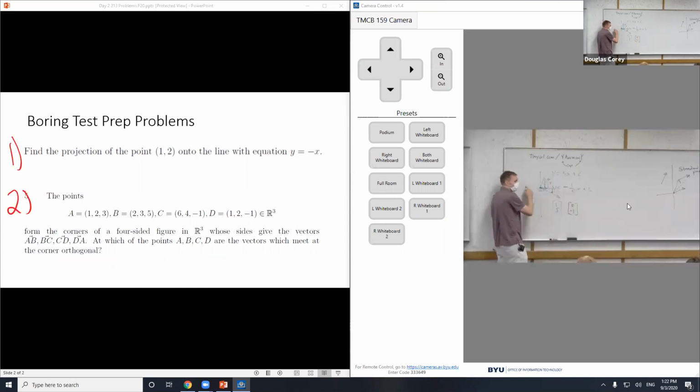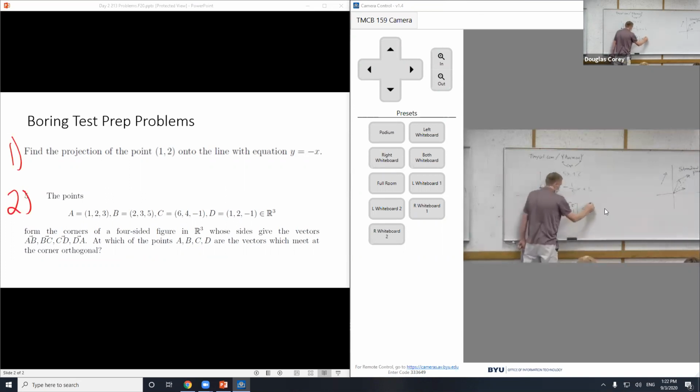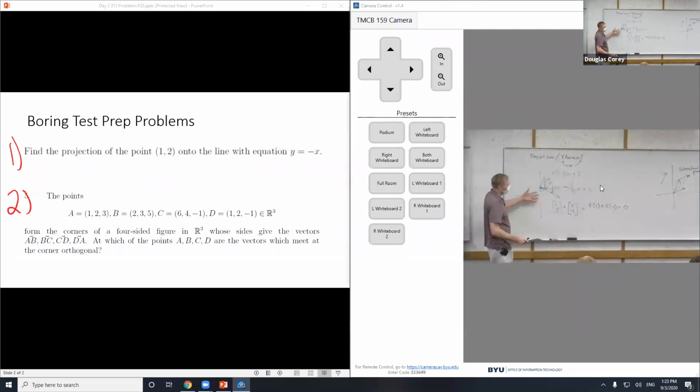So I can go negative 5 and up 1. What's the dot product between those? 5 times 1 plus 5 times a minus 1, 0. So you guys have been actually dealing with this property for a long time.